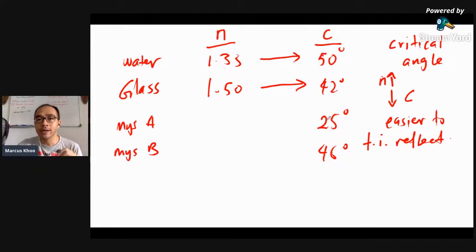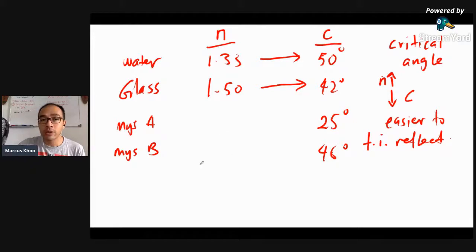Now let's take a look at this mystery A and mystery B. If you just take a look at the angle, you can tell me already. If we compare to glass, would mystery A have a higher or lower refractive index than glass? Would it be bigger than 1.50 or smaller than 1.50?